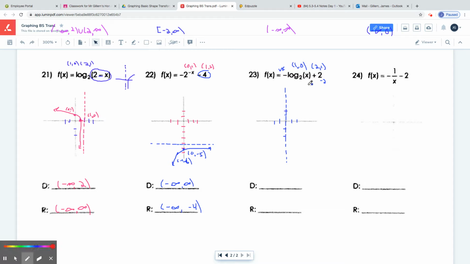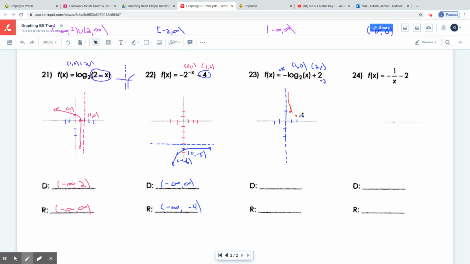Okay, so 1, 0: I do a vertical flip, which does nothing, but then I move up 2. I move up 2 to have this. Then I have 2, 1. I do a flip. That becomes 2, -1, and then up 2, so right back to where I started.